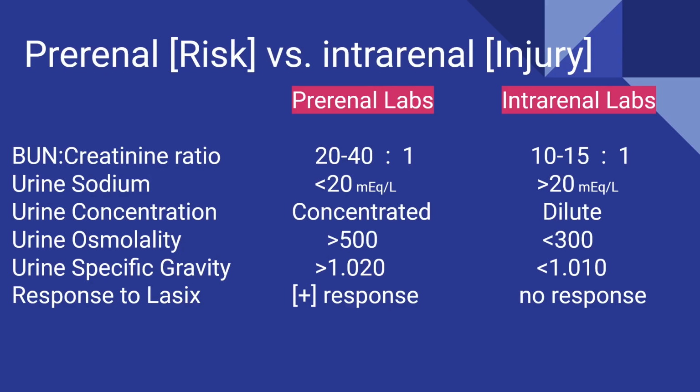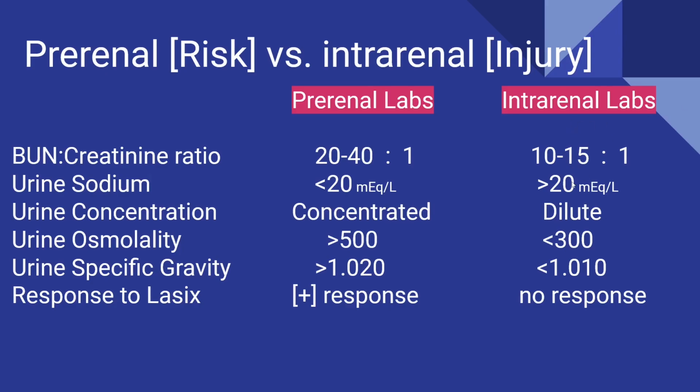And when we look at urine sodium in pre-renal failure, we would expect that to be a lot lower, right? Because even though the kidney isn't being perfused as well, it's still functional. So it's still able to retain that sodium within the body. Therefore our urine sodium is lower, like it should be.